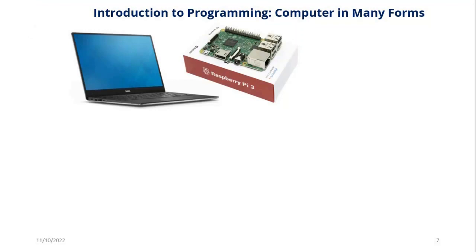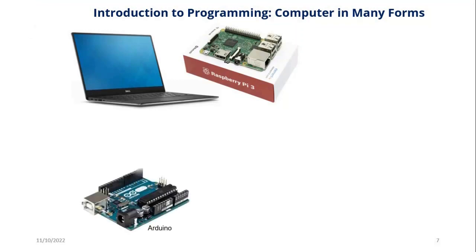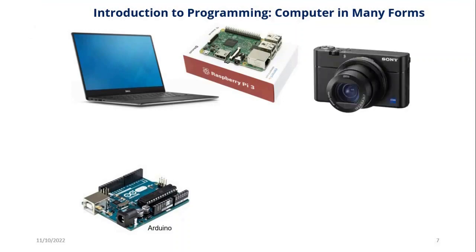This kind of small sized computers are usually called embedded computers because they are usually placed inside another device. For example, if I ask the Sony camera that just popped up, is it a computer or does it have a computer? Of course it does have a computer. Before the Sony camera popped up, another computer popped up.